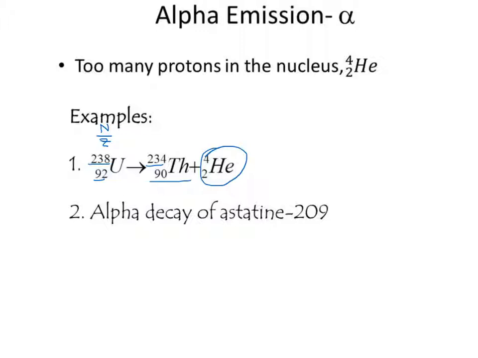So let's go ahead and take the alpha decay of astatine 209. The atomic symbol for astatine is At, and the atomic number of astatine is 85. When it goes through alpha decay, it's going to spit out a helium atom.